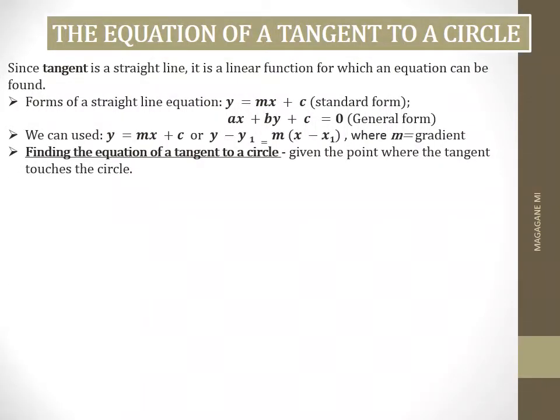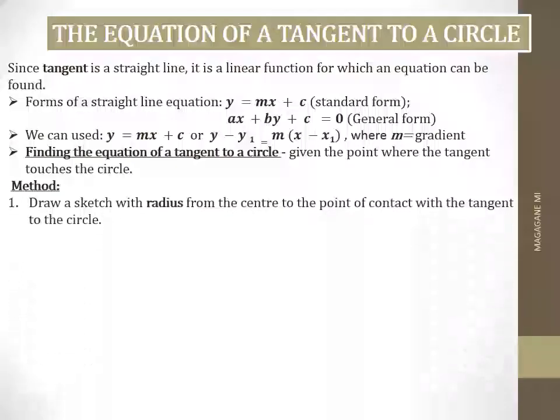Finding the equation of a tangent to a circle given the point where the tangent touches the circle. So now let's look at the method of finding the equation of a tangent to a circle.